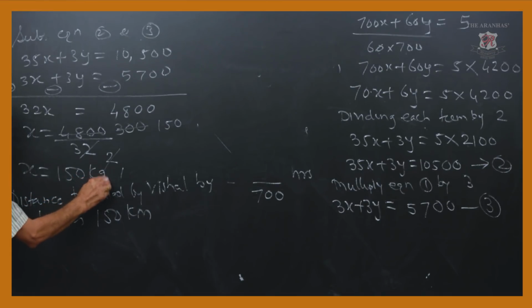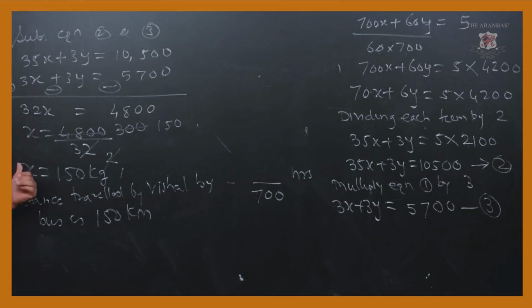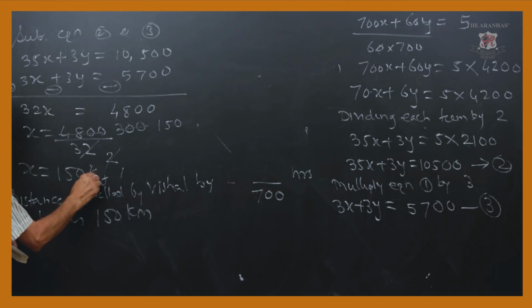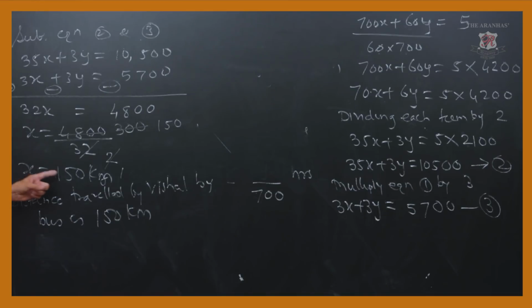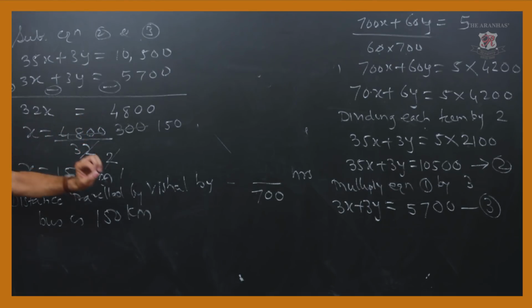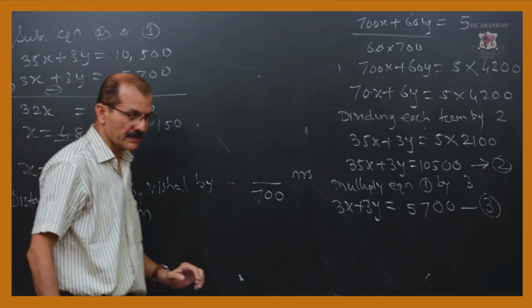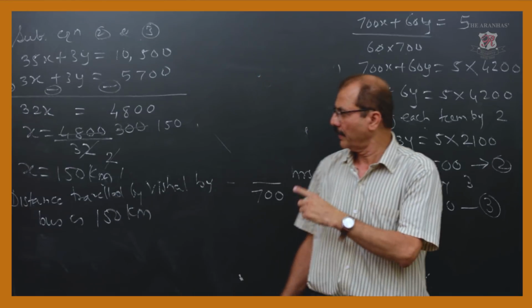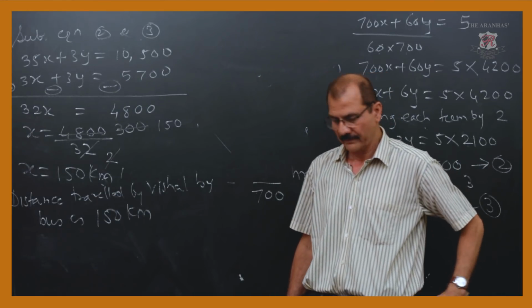Do not forget to write the unit, 150 kilometers, because x is a distance, right. So, this is a sum which is based on distance. I hope you have understood this.